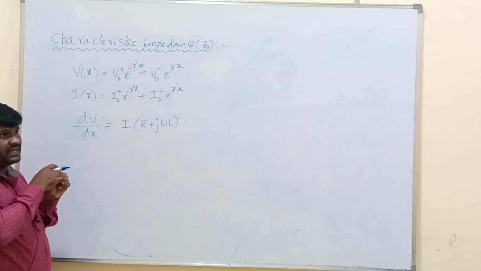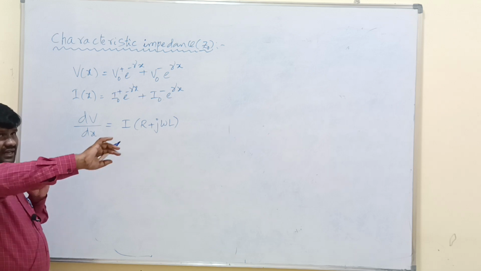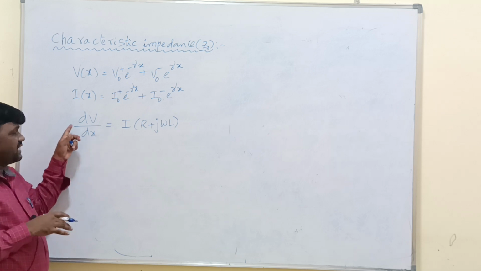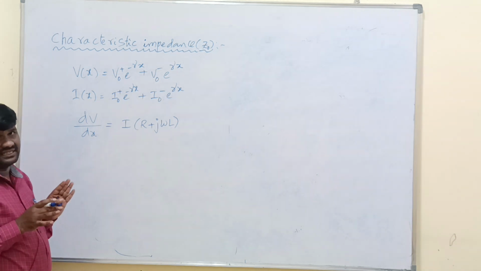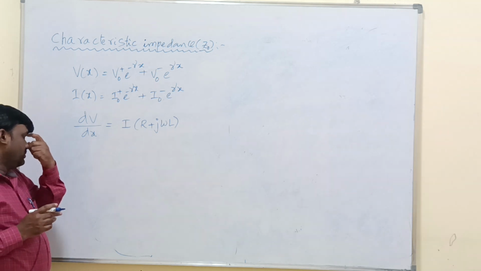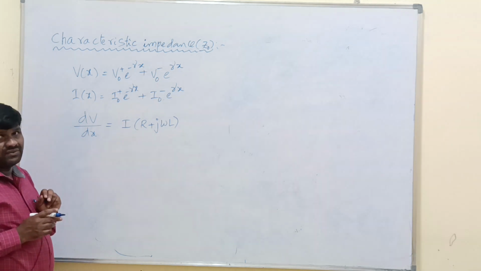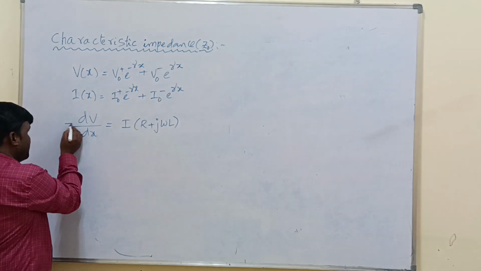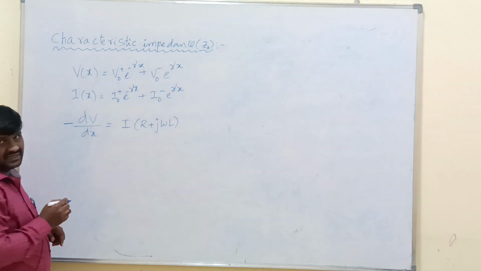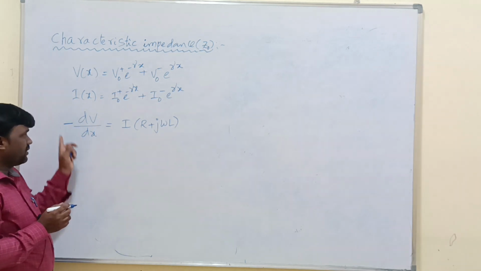We are moving along the length of the line, that means length is increasing. As voltage passes through the transmission line, voltage is decreasing because of the lossy nature. So dV is V2 minus V1, and generally V2 is less than V1. That's why you have to take a minus here. Please make a note of this.